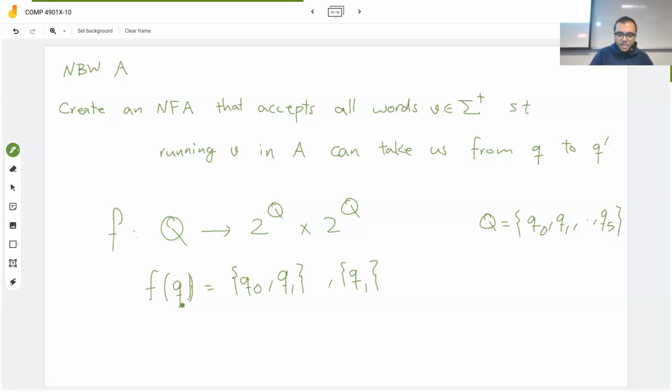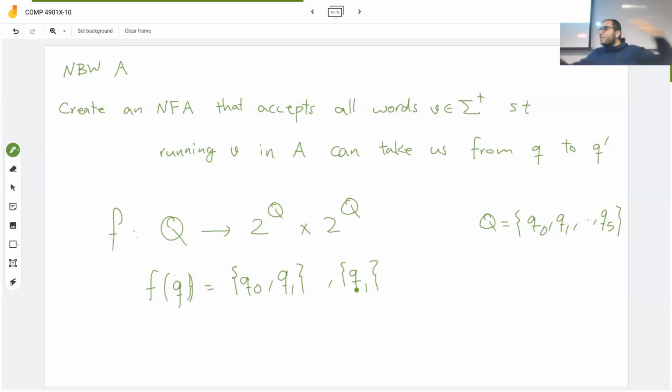I know that from state q, I should be able to reach q0, and I have an NFA that encodes it. From q, I should be able to reach q1. I have an NFA that encodes that. I take those two and I take their intersection. From q, I should not be able to reach q2. So I have an NFA that encodes that. I add that too. I take the intersection of all of those. From q, I have to reach q1, and on the way, I have to see t. I have an NFA for that.